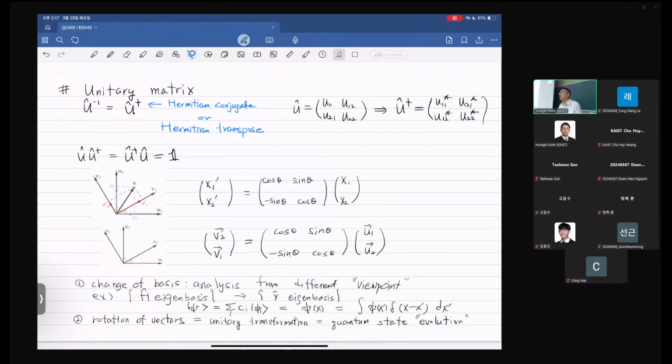So always stick with the unitary transformation for both applications. But unitary transformation literally means what? U dagger U is the identity matrix, right? For both applications, stick with unitary.